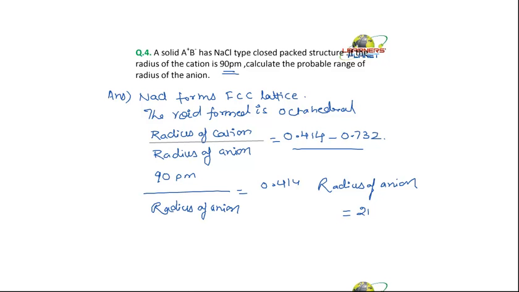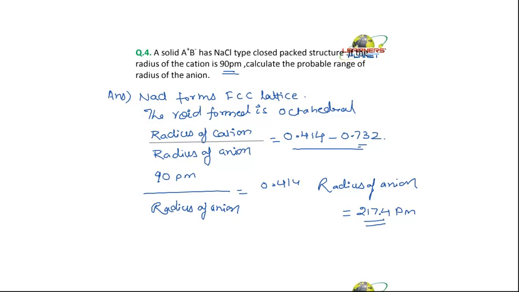Right? So 217.4 picometers. So the lowest radius that the anion can have is 217.4 picometers. Right?